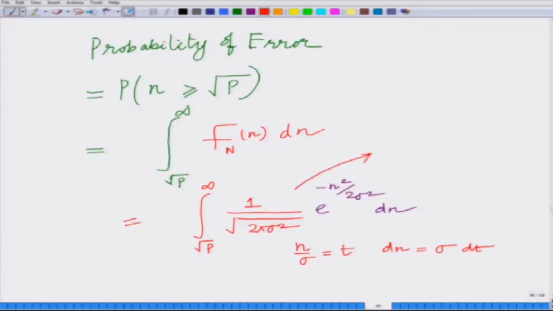Therefore, this integral can be written with the limit becoming square root of p over sigma to infinity over sigma, which is infinity, 1 over square root of 2 pi, bringing sigma out of the square root, times sigma, e to the power of minus n square by sigma square becomes t square by 2, and dn is sigma dt. Now you have these two sigmas cancelling.